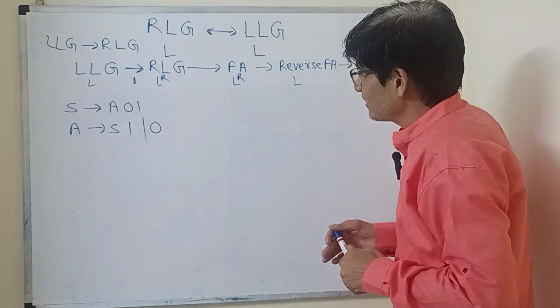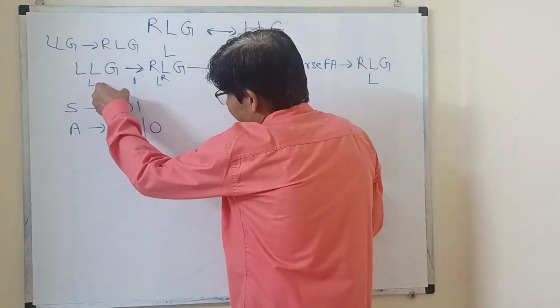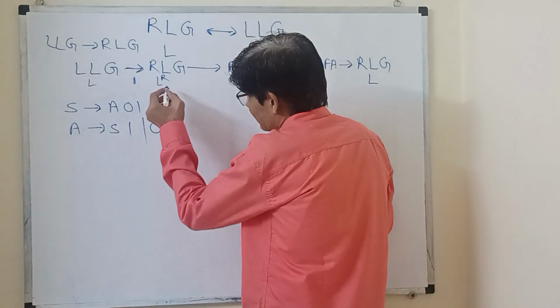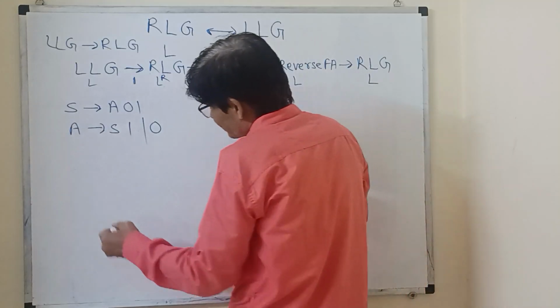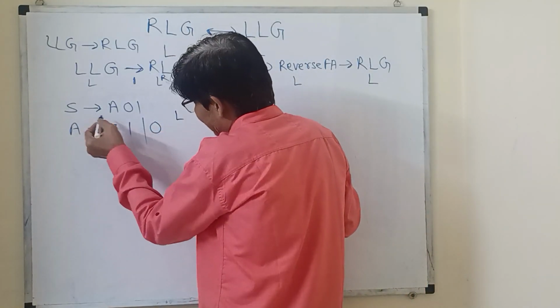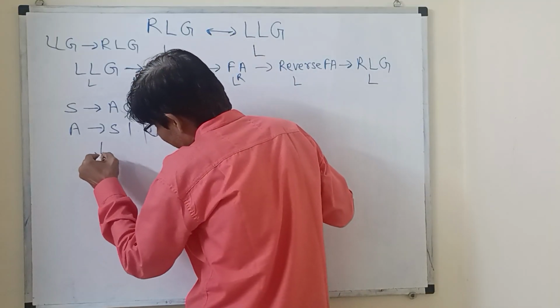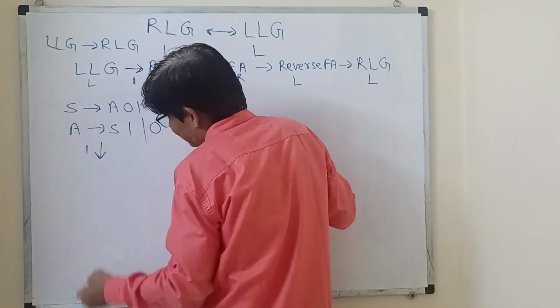So first we will convert this LLG to reverse RLG so that it will accept the reversal of L. Suppose this particular LLG is generating a language L, then we are performing the first conversion here.